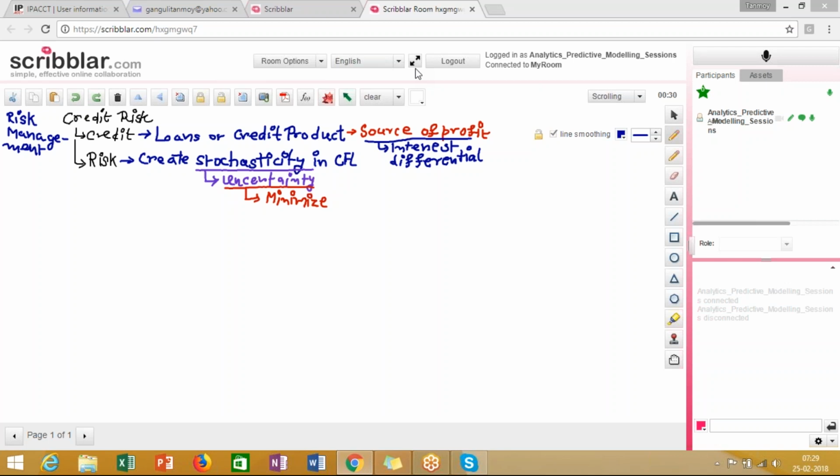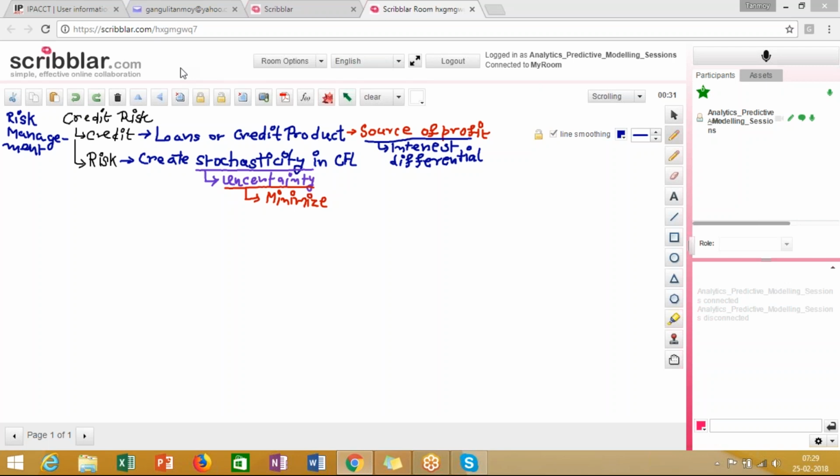So the objective of risk management strategies going forward, as we would see, is not only to control the overall credit, but to channelize the credit into the best possible channel.